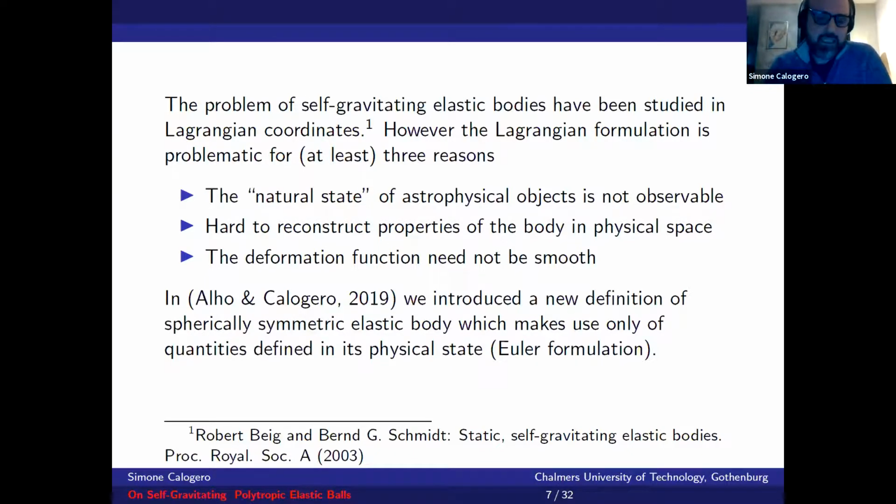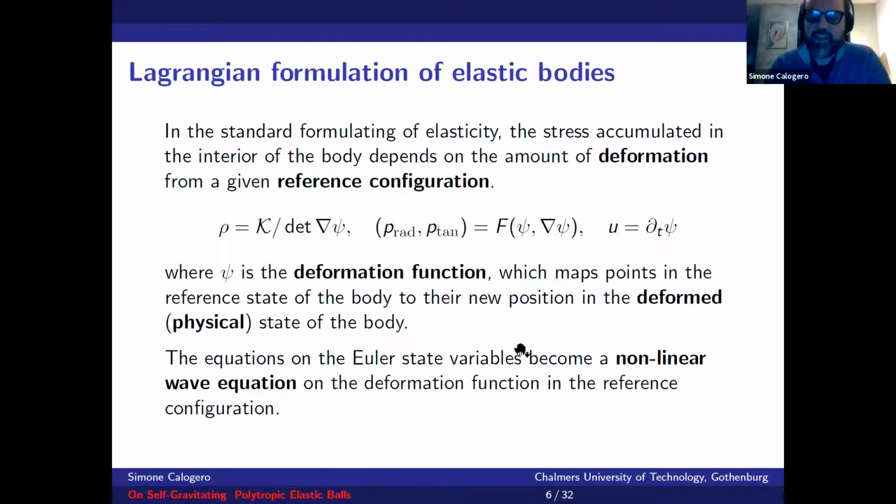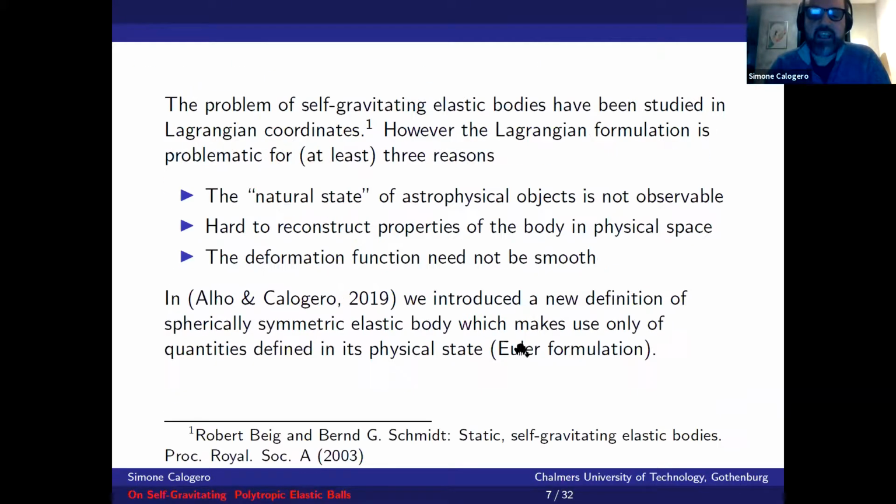But as I said, it's difficult to translate properties from the reference configuration to the deformed state, because in general this deformation function, the solution of this nonlinear wave equation, is not a smooth map. I mean, first of all, you have to prove that it exists.